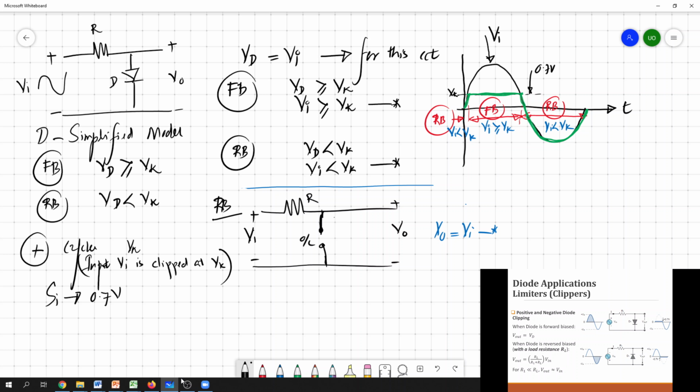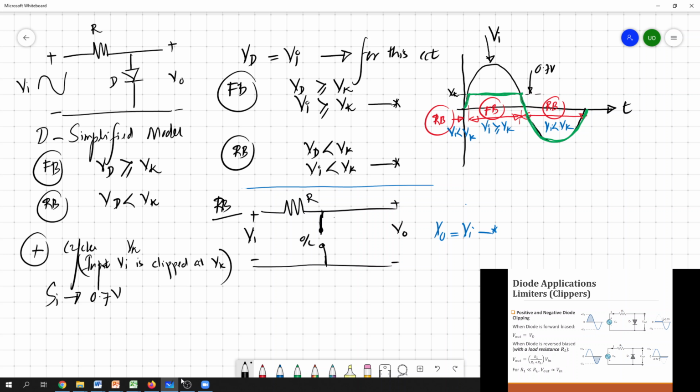If it is a germanium one, the positive cycle of the input is simply clipped at 0.3 volt. So by introducing this simple diode across the output for this particular circuit, you can simply clip the input voltage at Vk during this positive cycle.